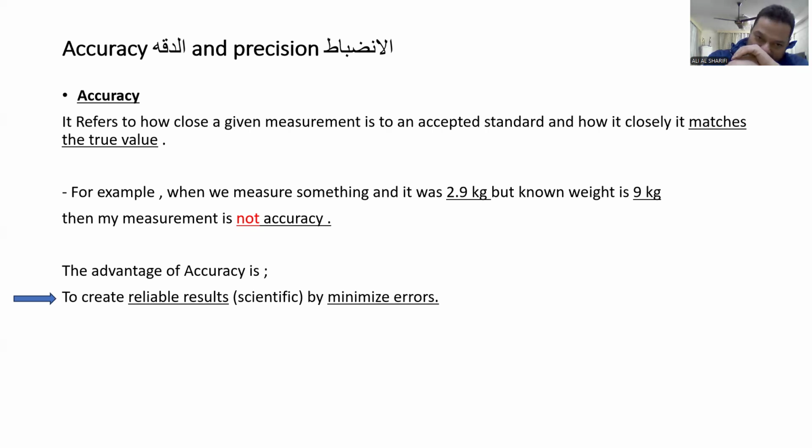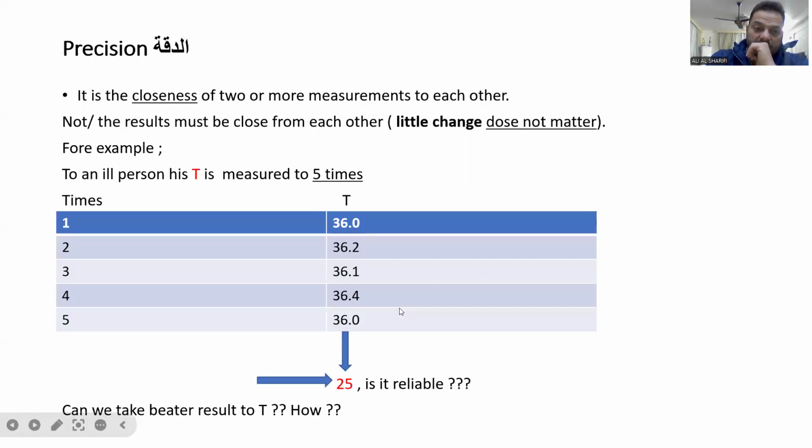That means it's not accurate. Actually, accuracy and precision have the same goal: to minimize mistakes and create reliable scientific results by minimizing errors.